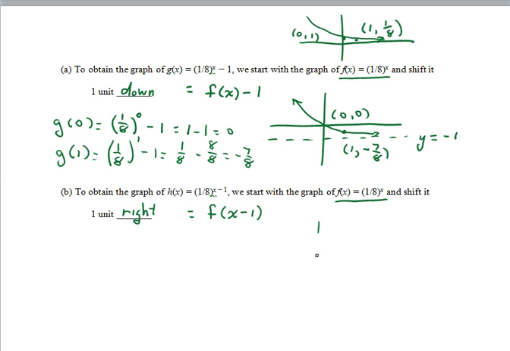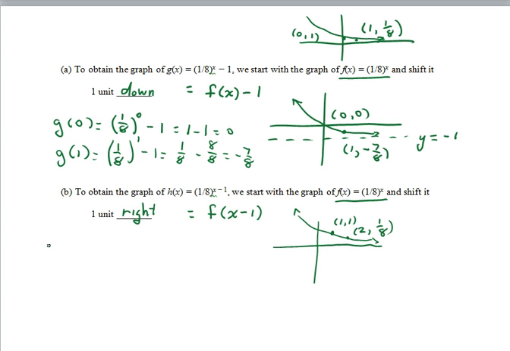And so this time the x-axis continues to be the horizontal asymptote, but the graph is moved to the right. And what was 0, 1 is now 1, 1, and what was 1, 1/8 is now 2, 1/8.